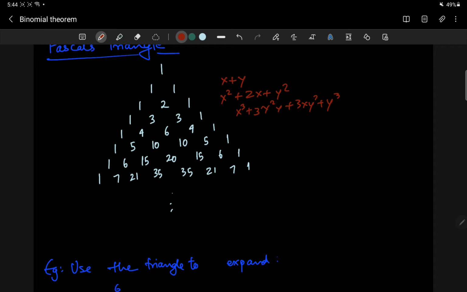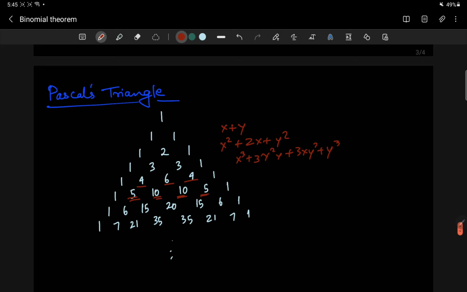And then in the previous two examples, we saw these numbers, 4, 6, 4, and the 5, 10, 10, 5, for which we made the comment, well, if we knew, we would have to do half the calculations. So what this means is this triangle as constructed is actually giving me these numbers which I'm interested in, which are the binomial coefficients.